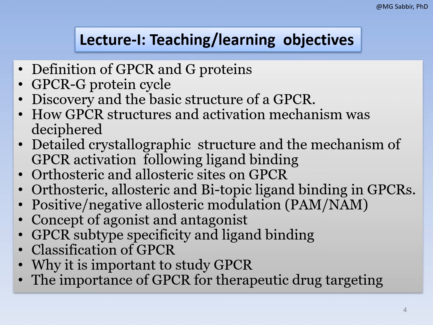Then I'll discuss positive and negative allosteric modulation, the concepts of agonist and antagonist, and GPCR subtype specificity and ligand binding, and then I'll briefly mention the classification of GPCR, and I'll highlight why it is important to study GPCR and the importance of GPCR for therapeutic drug targeting.